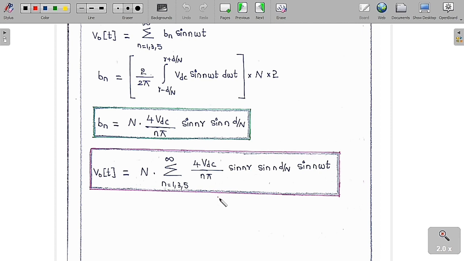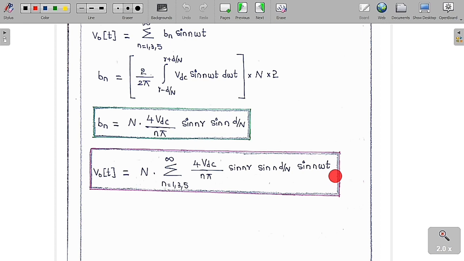So V0(t) = N Σ (n = 1, 3, 5 up to infinity) (4 VDC / nπ) sin(nγ) sin(nd/N) sin(nωt).